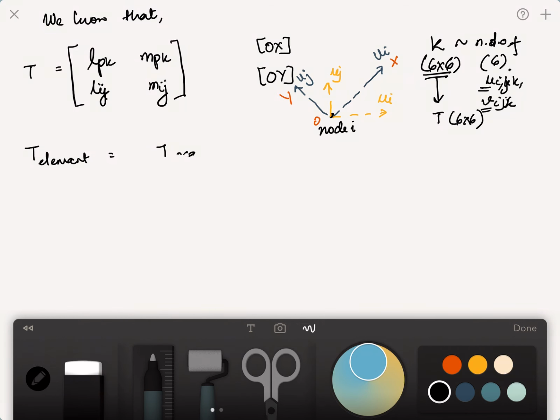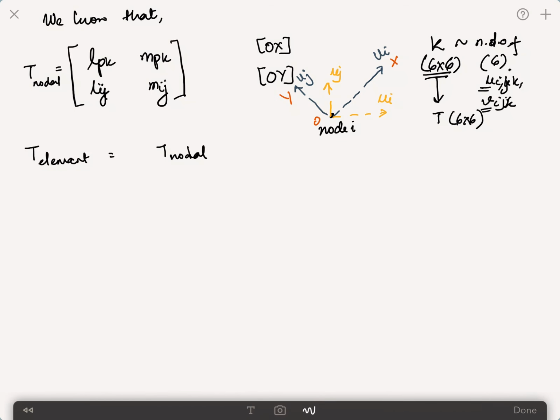Sorry about this, but just thinking along. So if I have T nodal, and I know that I have 3 nodes in the system, then I have T nodal for the first node, T nodal for the second, and T nodal for the third node. And at the same time, I have other nodes which are not participating at that time.